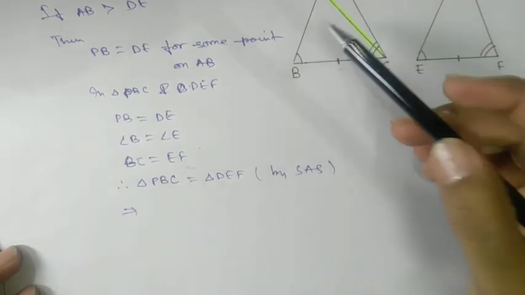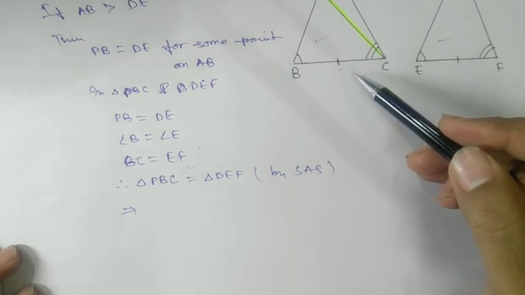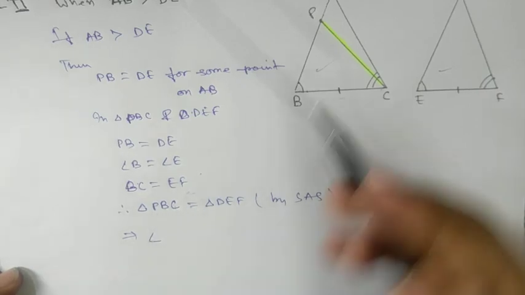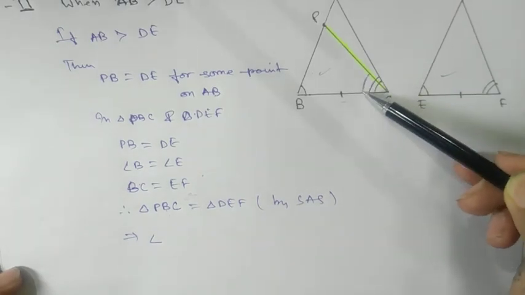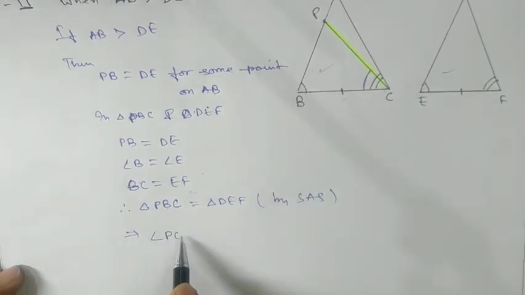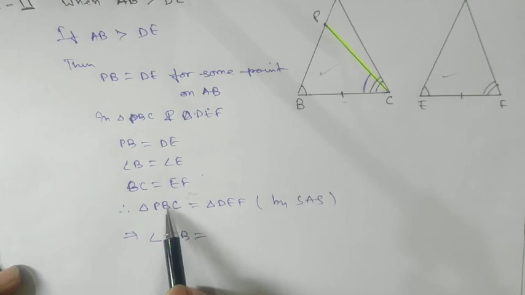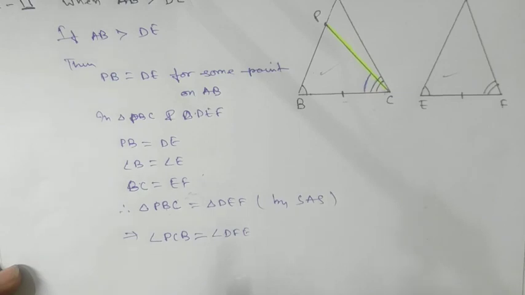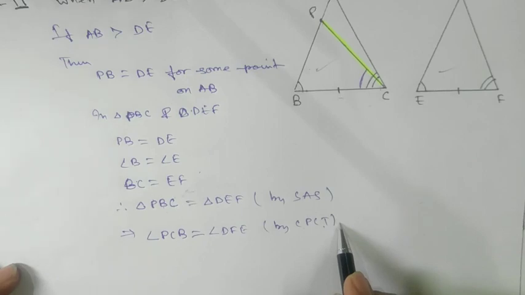This implies by definition, if these two triangles are congruent, their corresponding angles must be equal. That means angle PCB must be equal to, looking at the corresponding part, angle DFE, and we write here by CPCT, corresponding parts of congruent triangles.